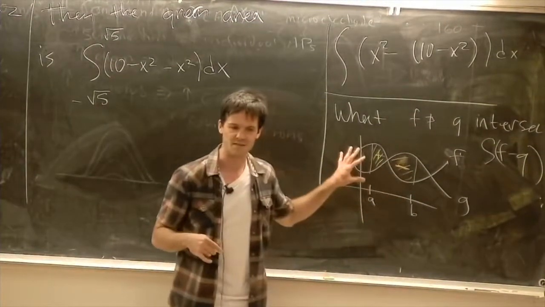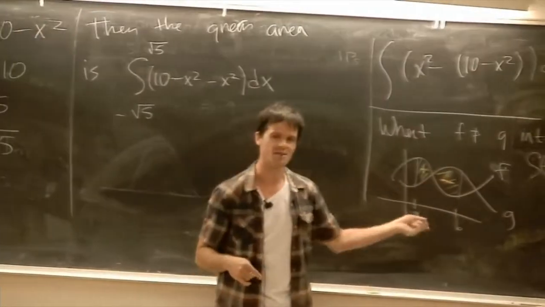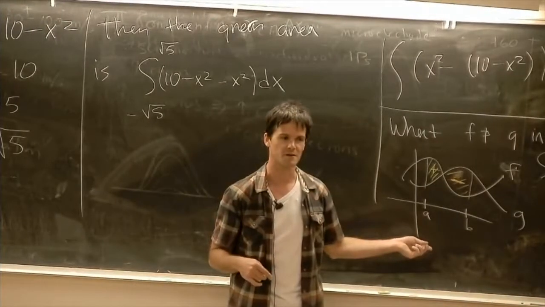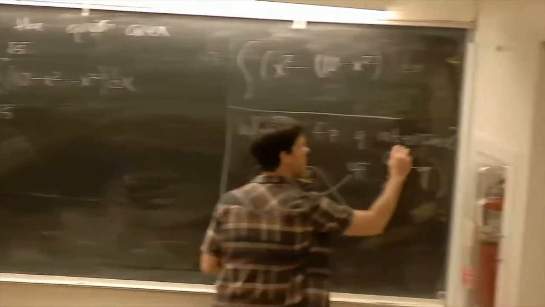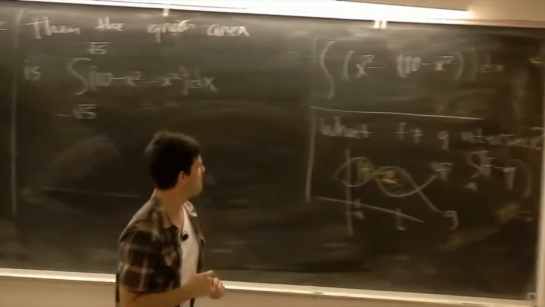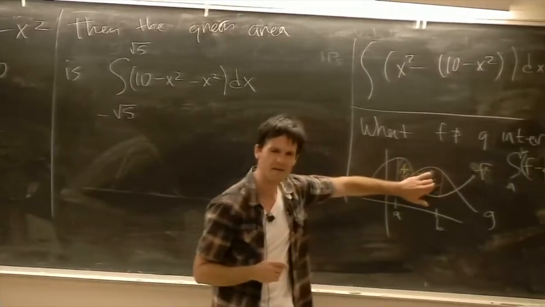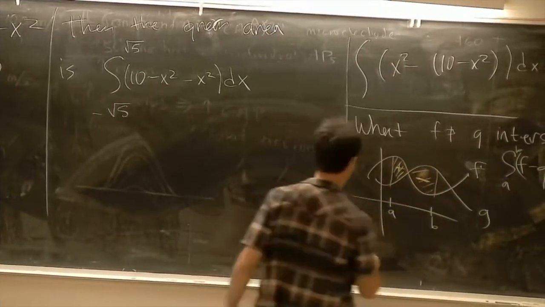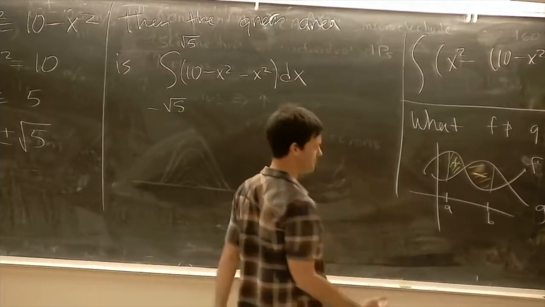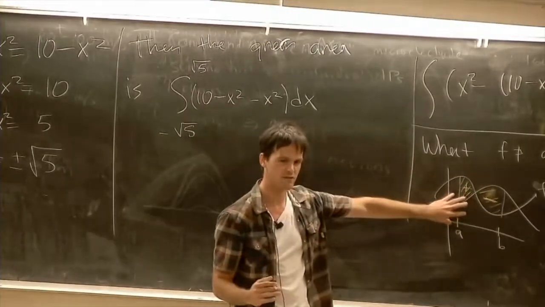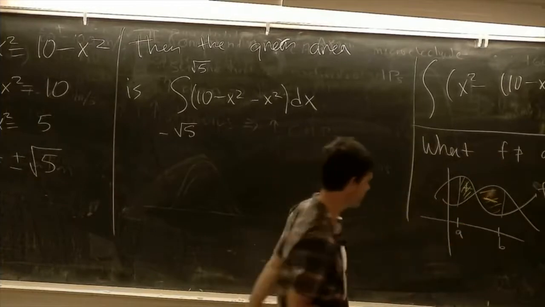Just by looking at this picture roughly, would you expect a positive or negative answer for the integral of f minus g from a to b? It looks like there's a little bit more negative area than positive area. So based on this picture, it looks like we would get a negative answer for this.